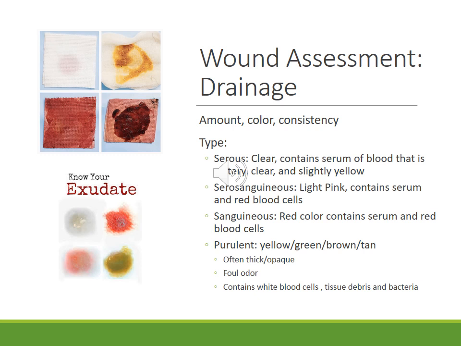I'm not going to say it here on the PowerPoint, but you can write that word out and you will see what that spells. So again, I should not hear that terminology coming from you. From now on, you will refer to yellow, green, brown, tannish drainage as purulent. Make sure you know the difference between serous, serosanguinous, sanguinous, and purulent drainage and look over these.